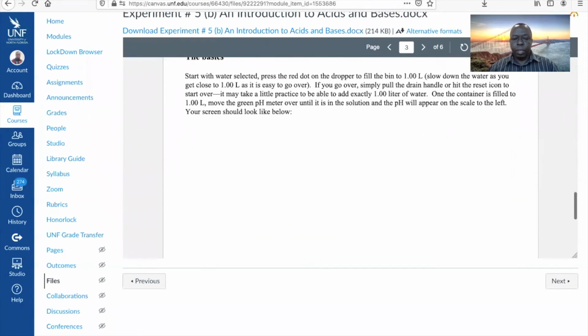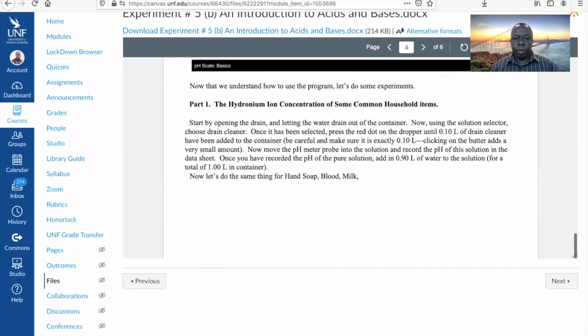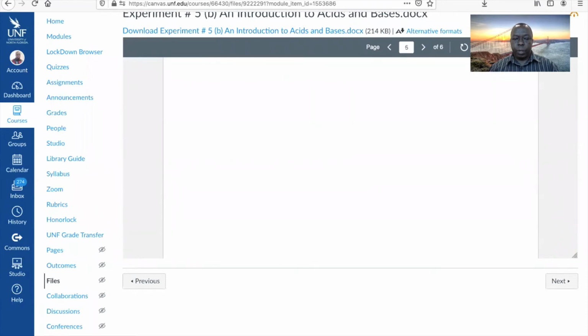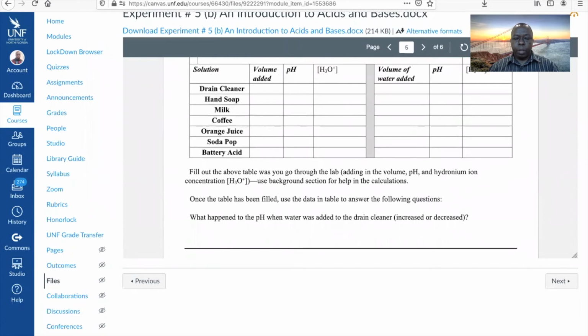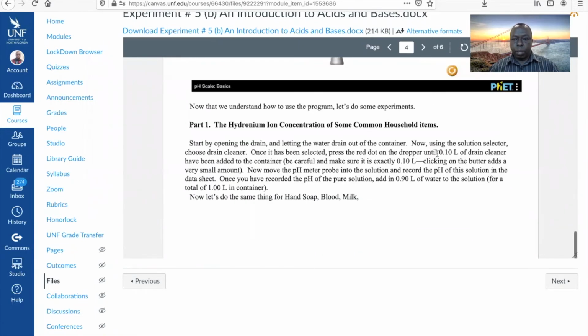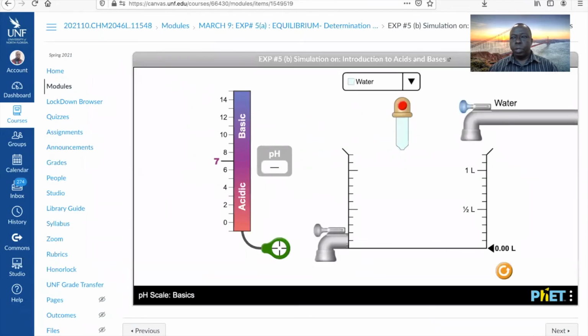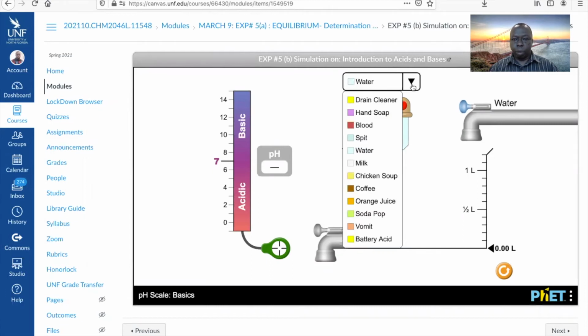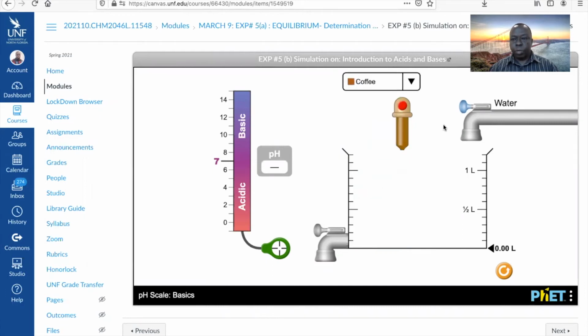For the solution, you'll have to add 0.1. You add 0.1 of the solution here and measure the pH of that solution. So I selected coffee, and I'm going to drain until I have 0.1, should be 0.1.